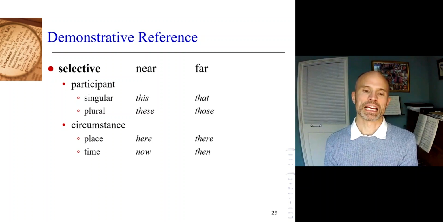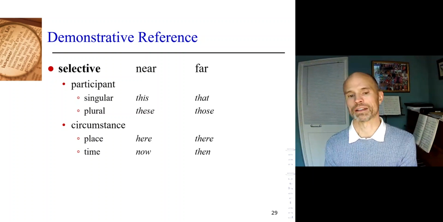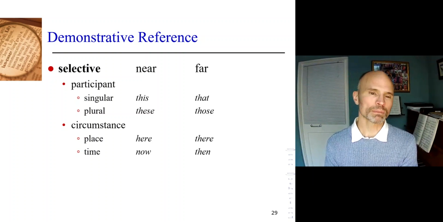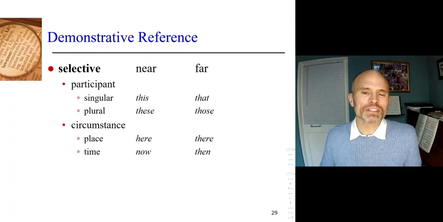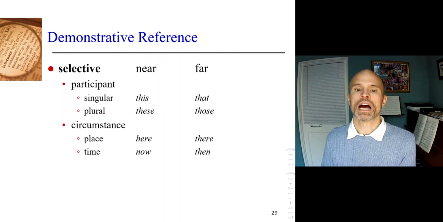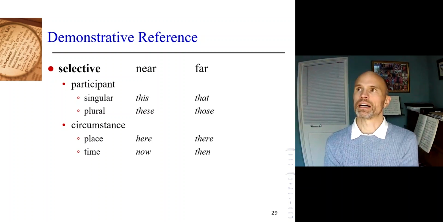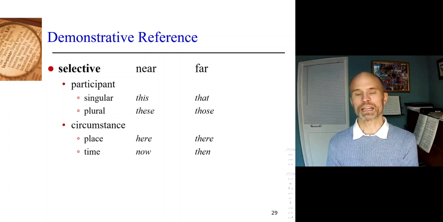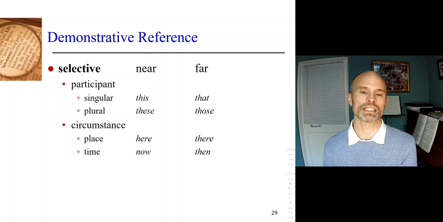I've added in here and there and now and then as it says circumstance. All it means is that they're the extra bits of information, right? You have to say words like this and that, these and those. It says participant.